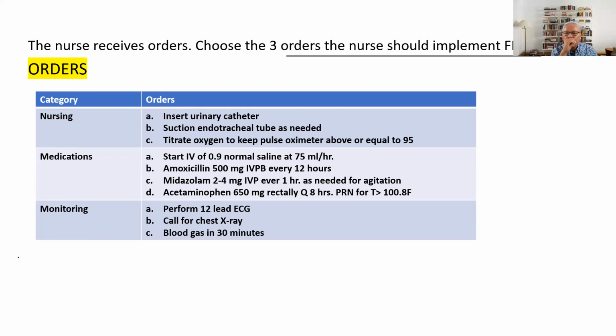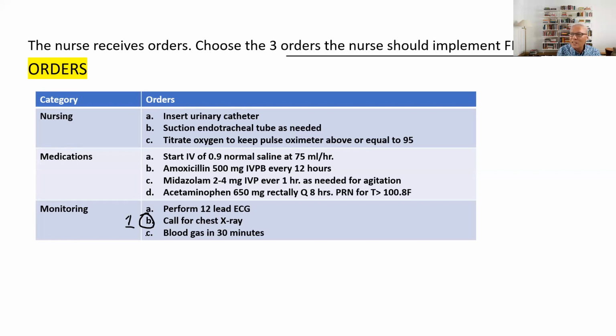Okay. So the patient was just intubated, right? Very good. Call for x-ray. You need to have an x-ray because the patient was just intubated. So we need to do this. That's one.